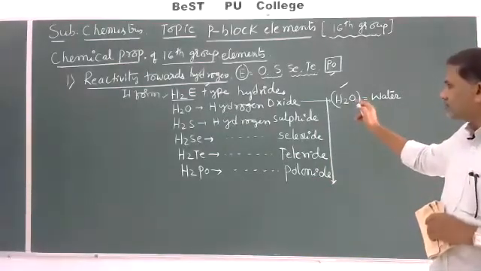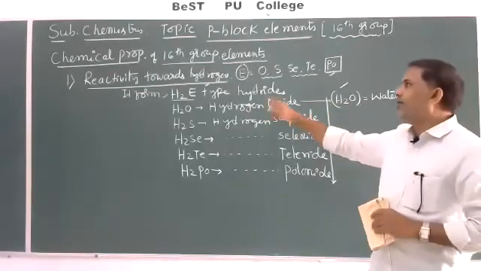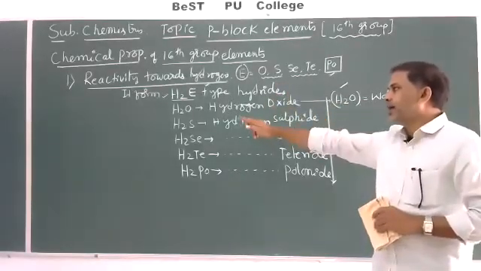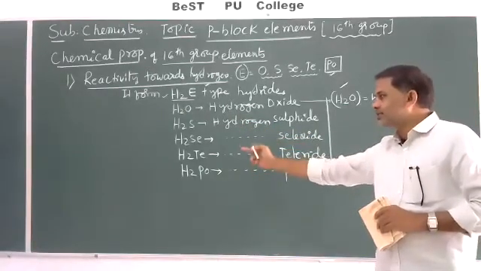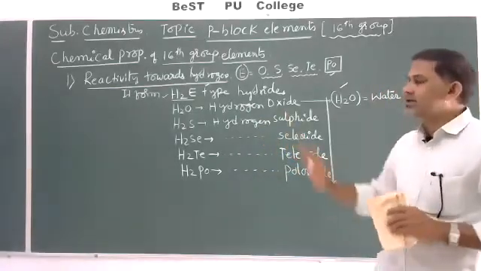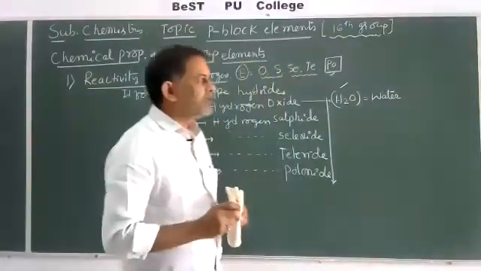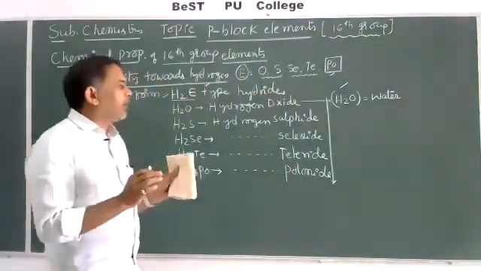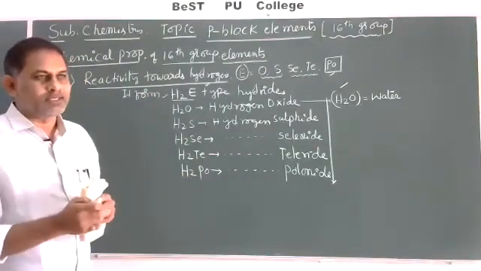Anyhow, on the basis of all these hydrides of 16th group elements, H2O, H2S, H2Se, H2Te, H2Po, here are some important points about these hydrides. They may be useful for objective or theory questions, increasing order or decreasing order.